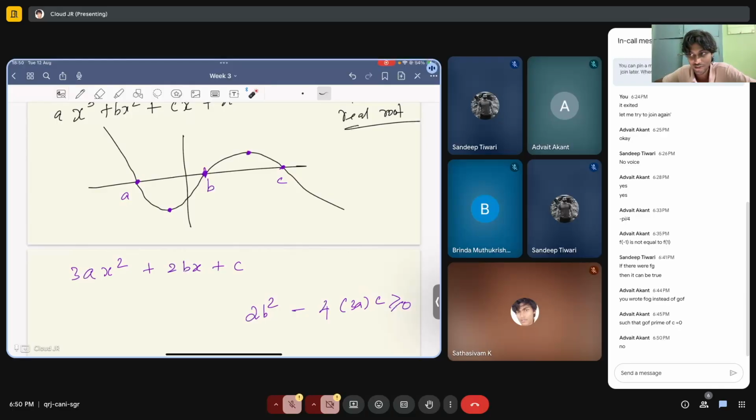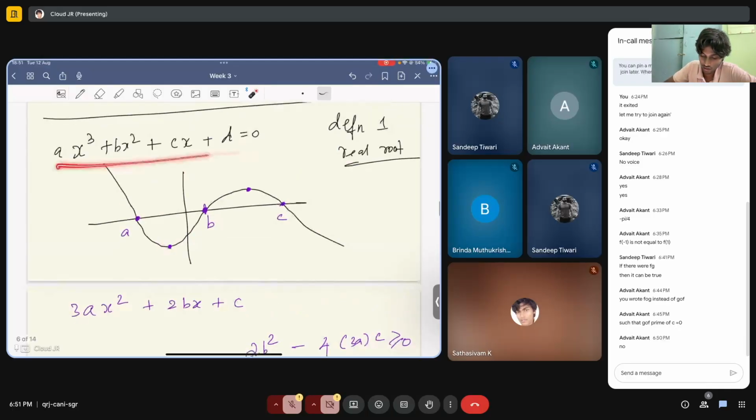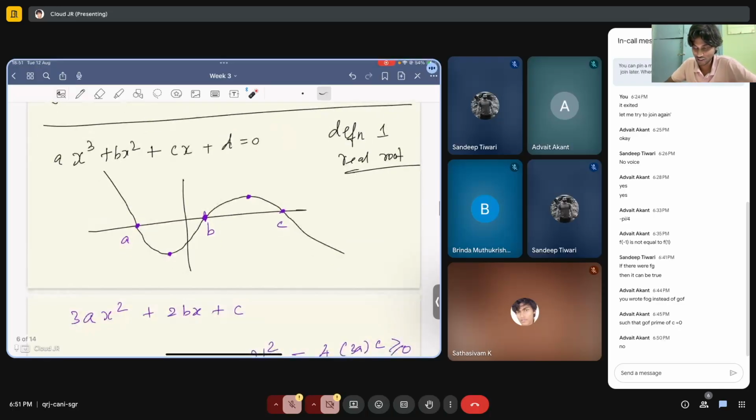Can you give a cubic polynomial such that when you take the derivative, you have two real roots, but it does not have three real roots? Maybe you take it as an exercise. I also don't know, I want us to check that.